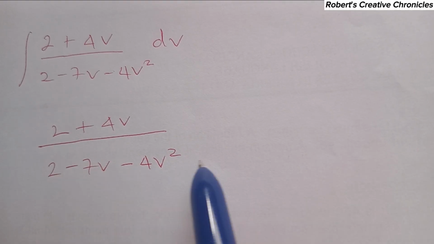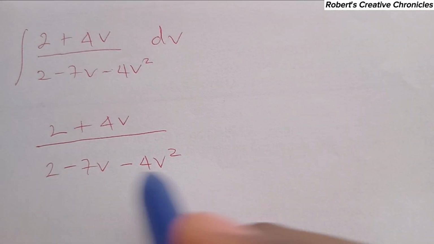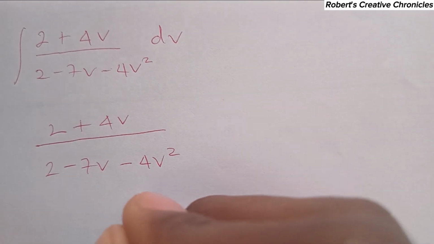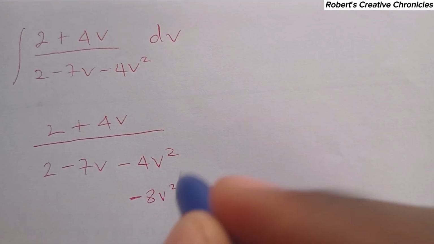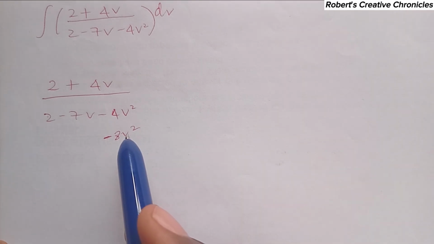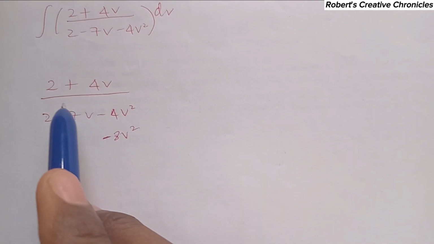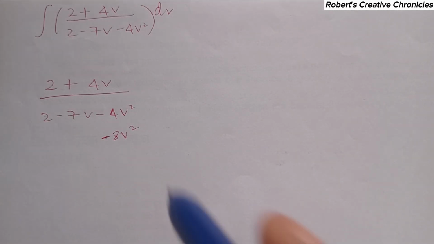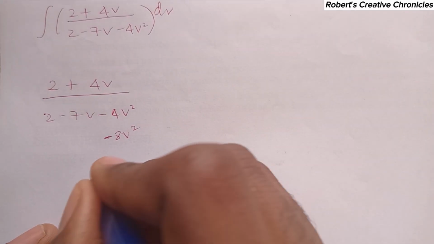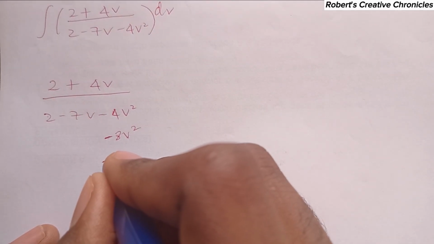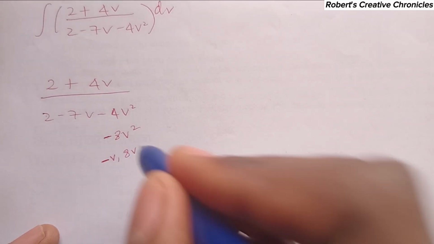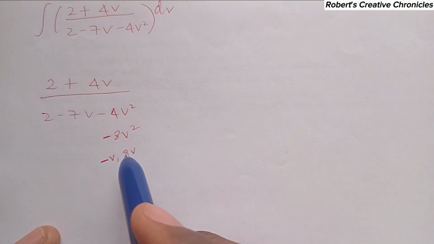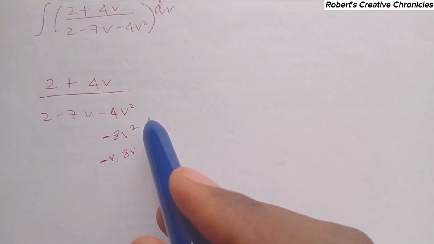But this, we have to factorize this. 2 times minus 4v squared is what? Is minus 8v squared. We have to look for two expressions that will multiply to give us this, and the sum will give us minus 7v. So they are minus v and 8v. If you multiply them together, you get minus 8v squared.